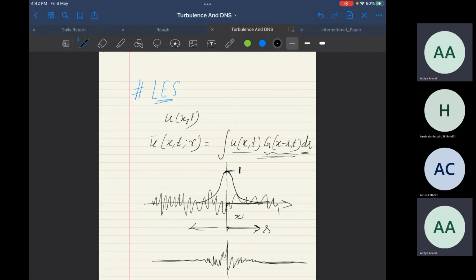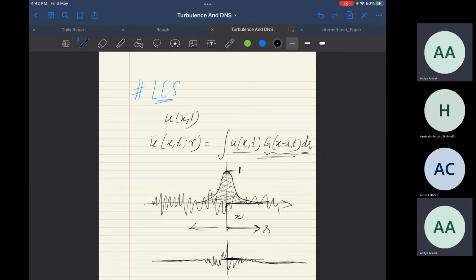Now if you take an integral of this curve with r, what you'll get is an average of u over all these fluctuations. What this basically does is, at this point it replaces the velocity with an average velocity, which depends on this filter kernel.